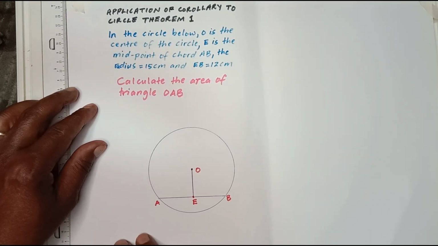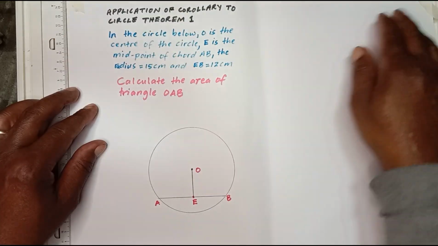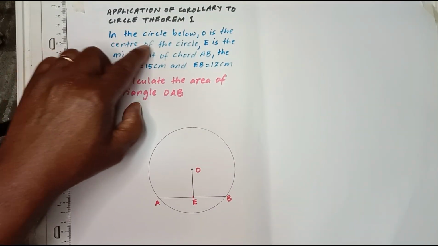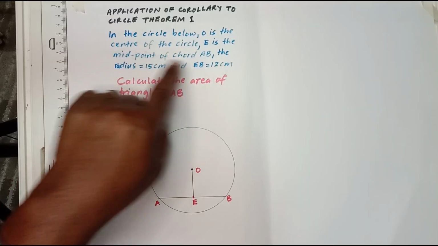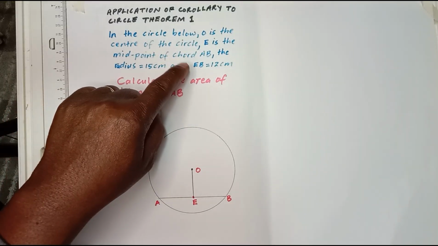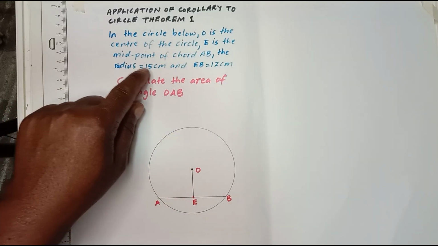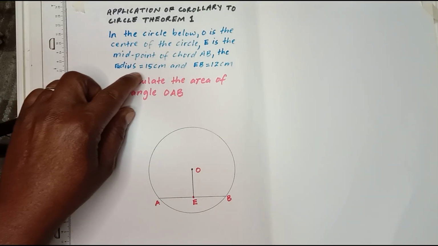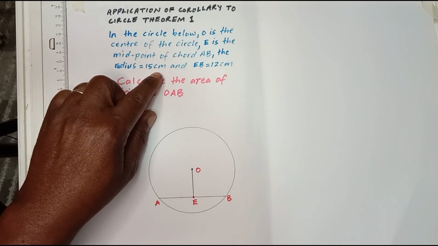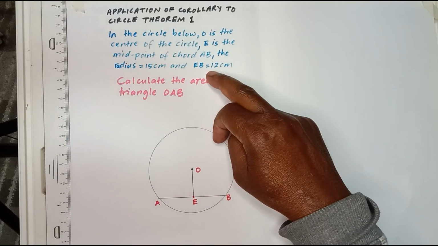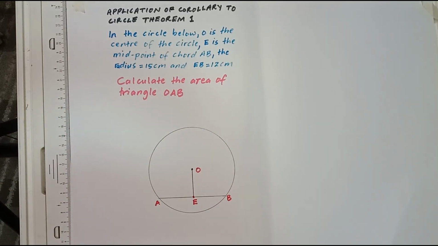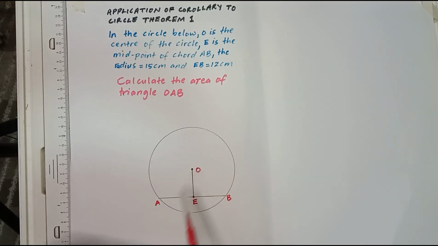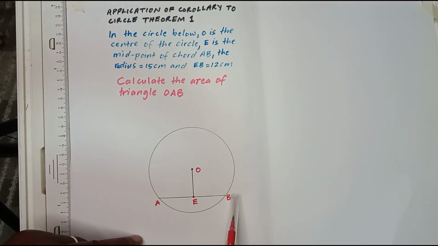Now, suppose we are given this question, which says, in the circle below, O is the center of the circle, E is the midpoint of a chord AB, the radius of the circle is 15 centimeters, and EB is equal to 12 centimeters. Here's the circle with center O and chord AB.